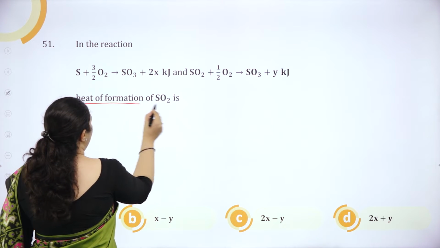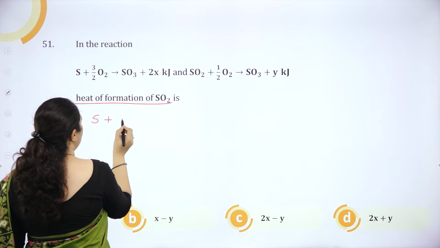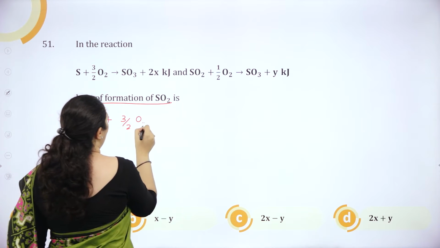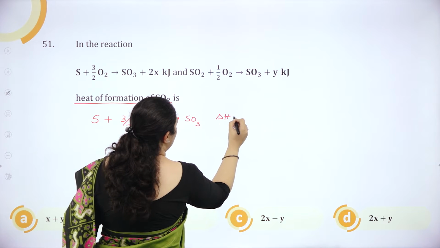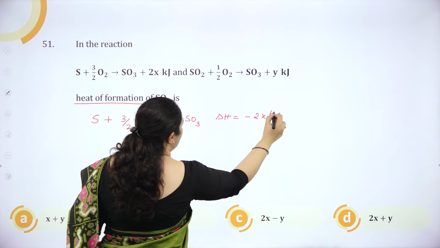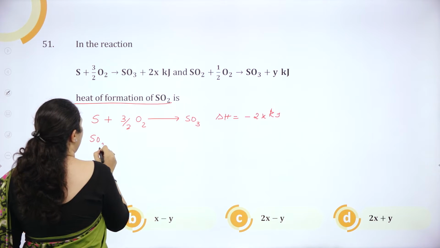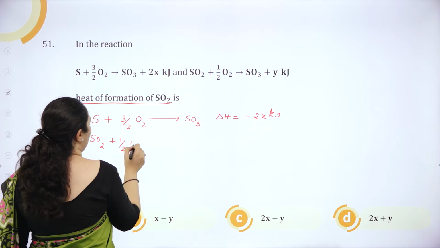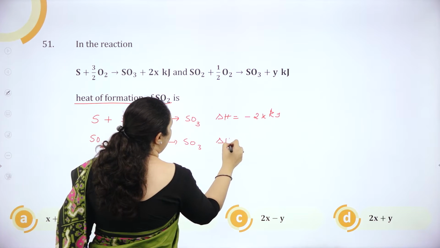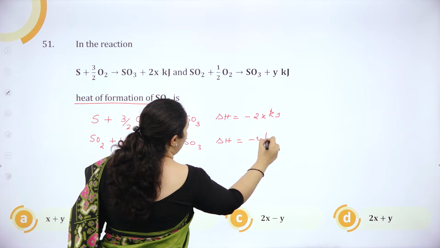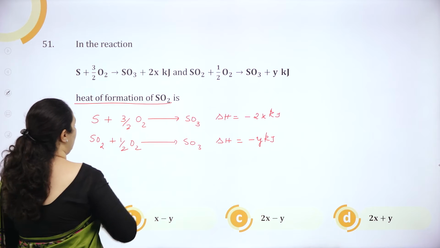So what do I need? Heat of formation of sulfur dioxide I require. What is given is sulfur plus 3/2 O2 giving sulfur trioxide, liberating 2x kilojoules. Next equation is sulfur dioxide with half O2 giving sulfur trioxide and delta H is minus y kilojoules.